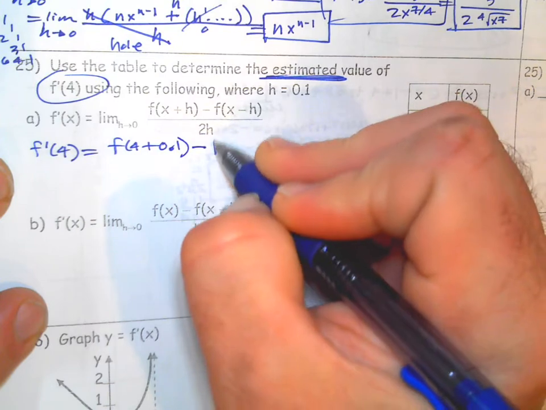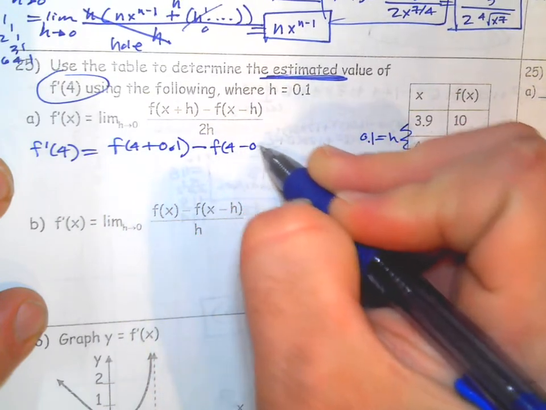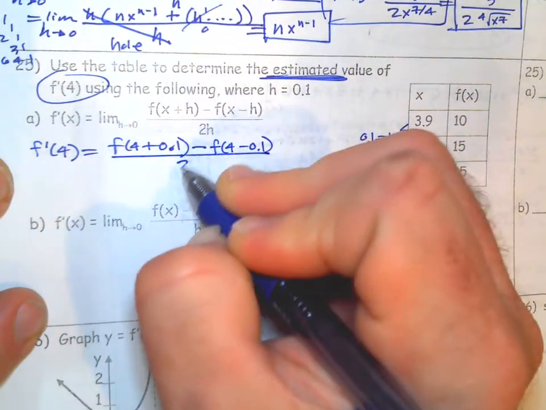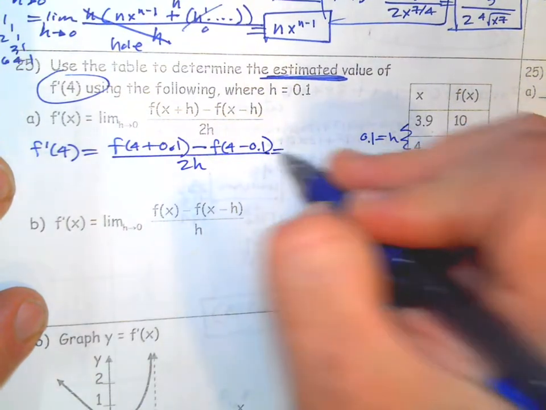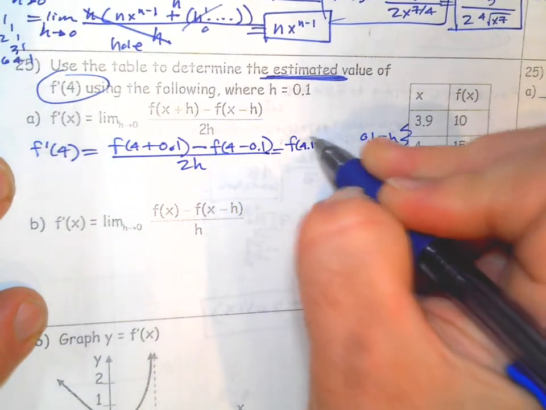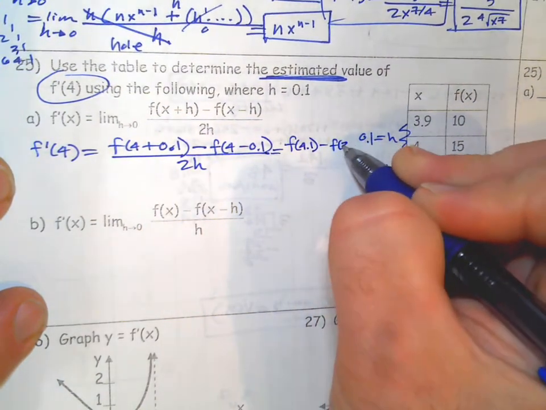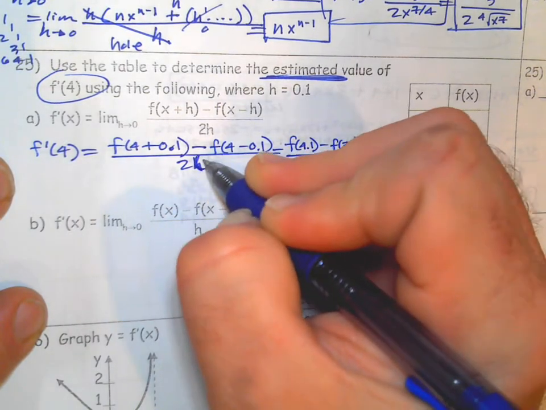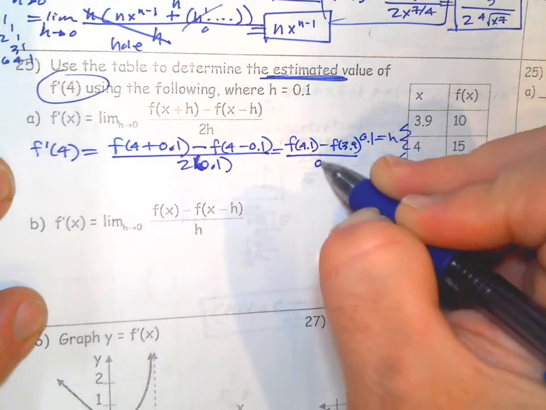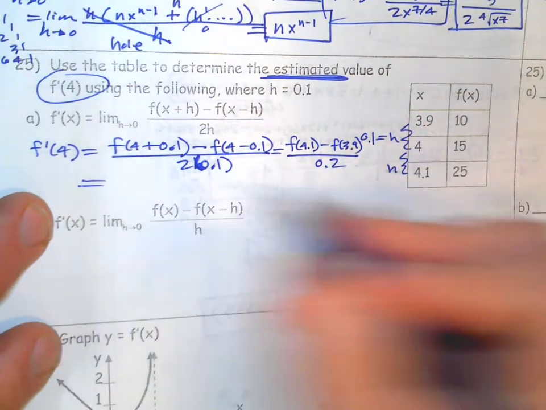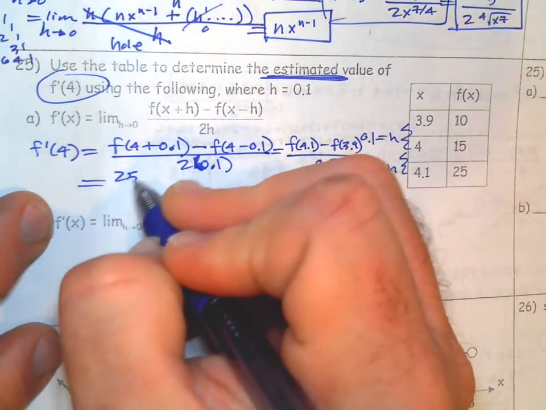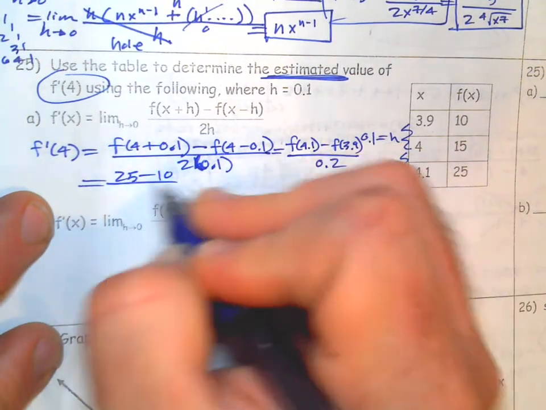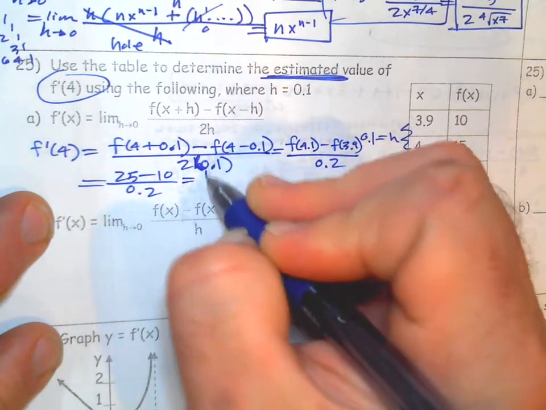This is the first thing I would do. Just write it all out. I appreciate that. So that's going to be f of 4.1 minus f of 3.9 over 0.2. f of 4.1 is 25. f of 3.9 is 10, so that's 15 over 0.2.